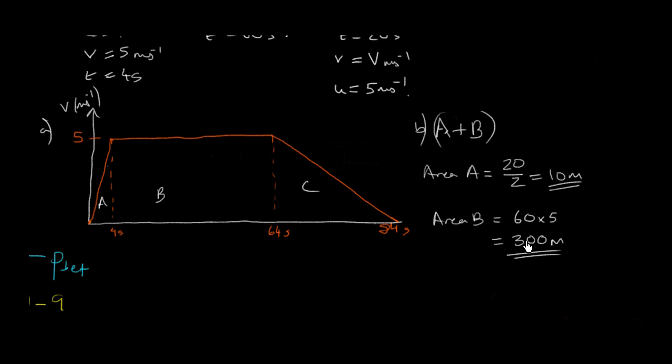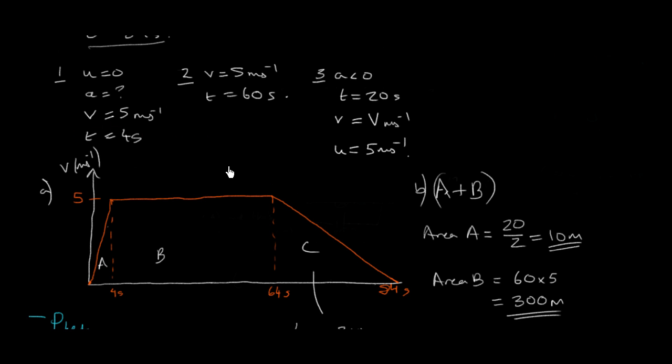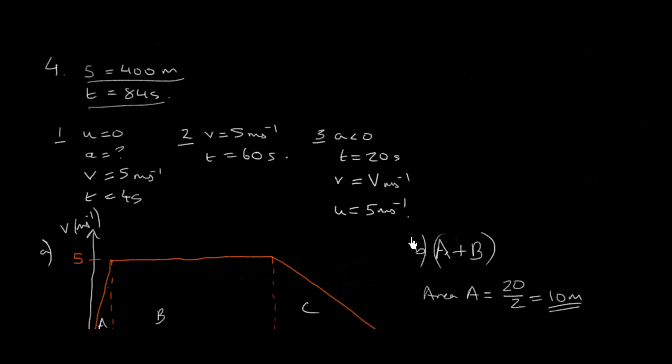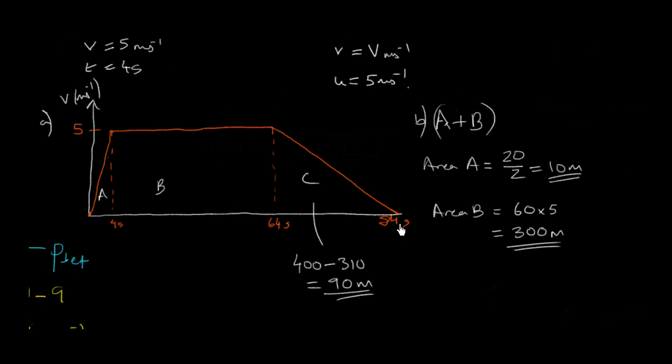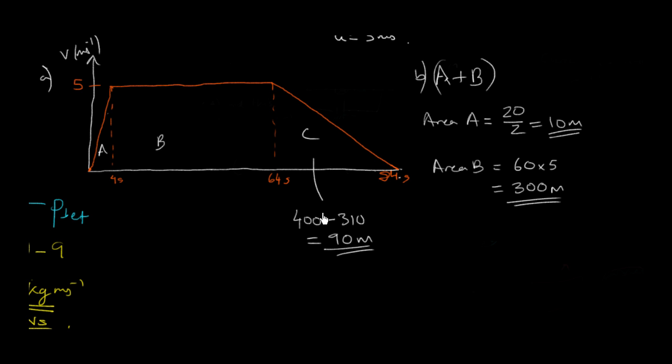So if this is 300 and that's 10, then this guy here, that area C, is going to have to be 400 minus 310, which is equal to 90 meters. So together all of these have to add up to 400. We knew that from there. So I just added that there because it's probably going to be useful.